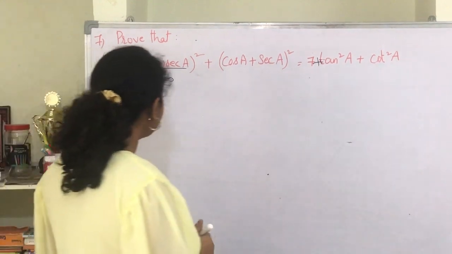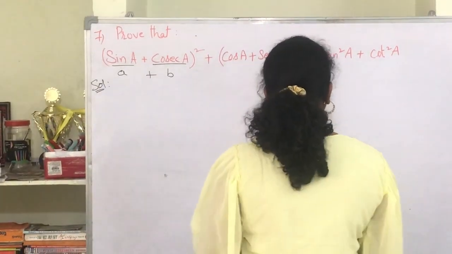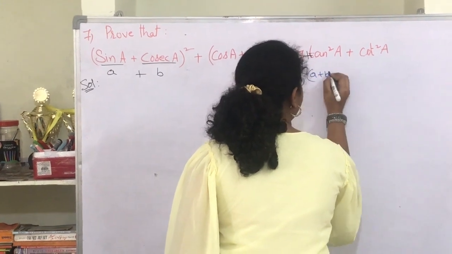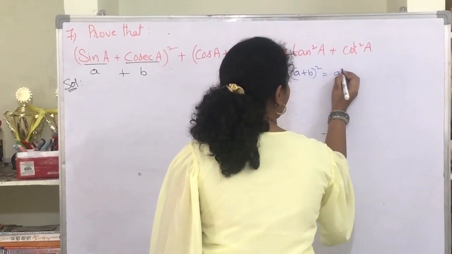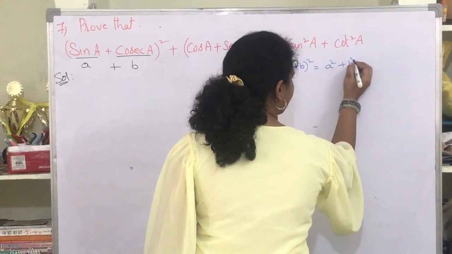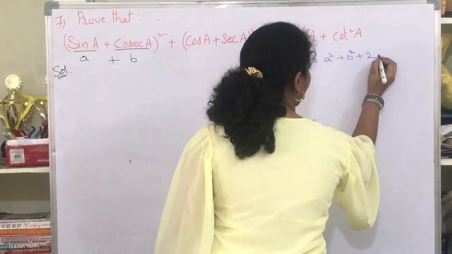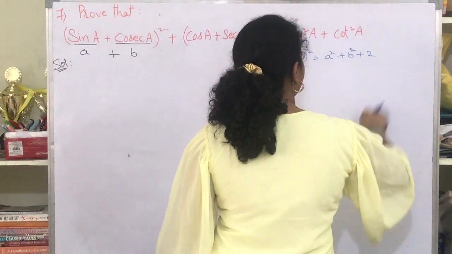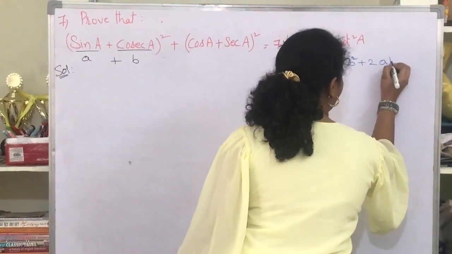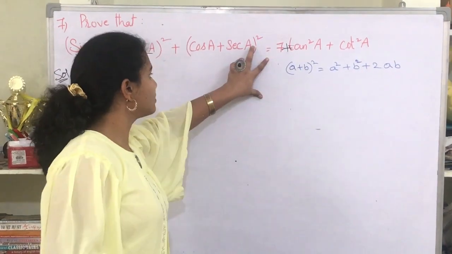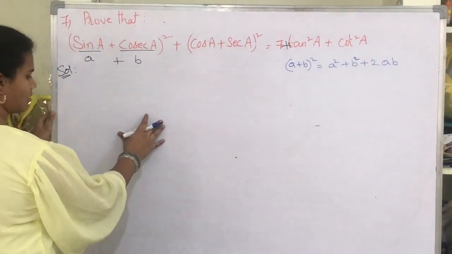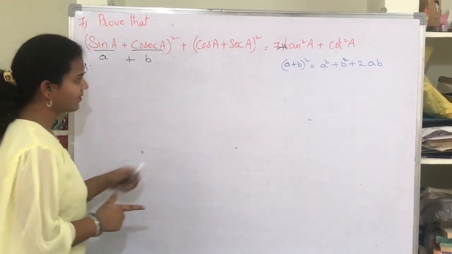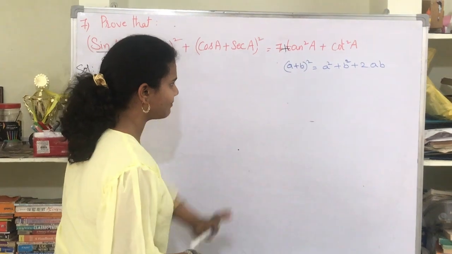By using a formula, as we know, (A + B) whole square equals A square plus B square plus 2AB. So (A + B) whole square equals A square plus B square plus 2AB.